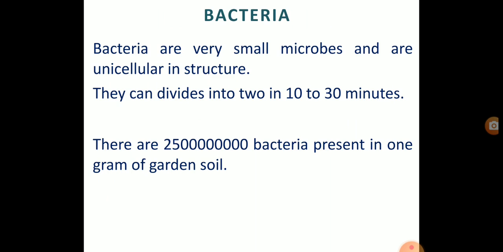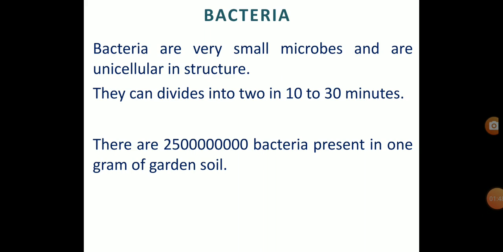Bacteria are very small microbes and are unicellular. Unicellular means their body is made up of only one cell. One bacterium divides and converts into 2 in 10 to 30 minutes. There are 250 crore bacteria present in 1 gram of garden soil.